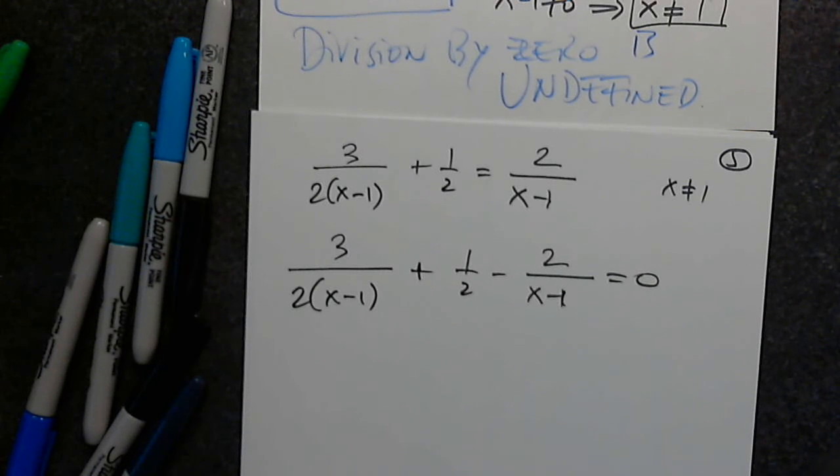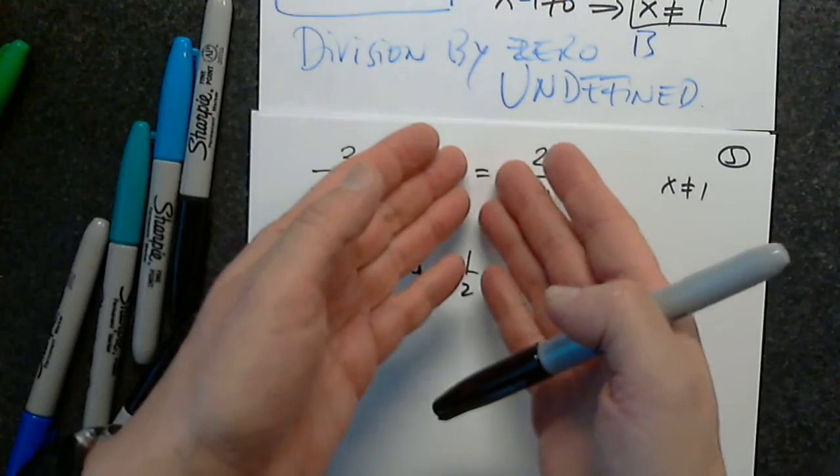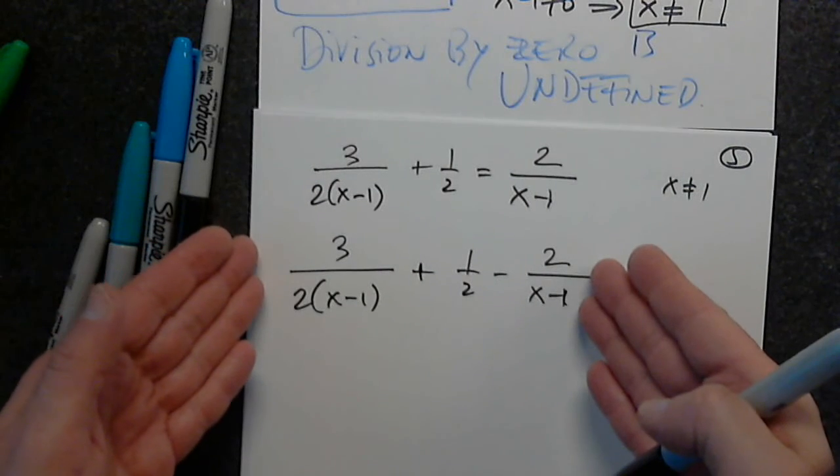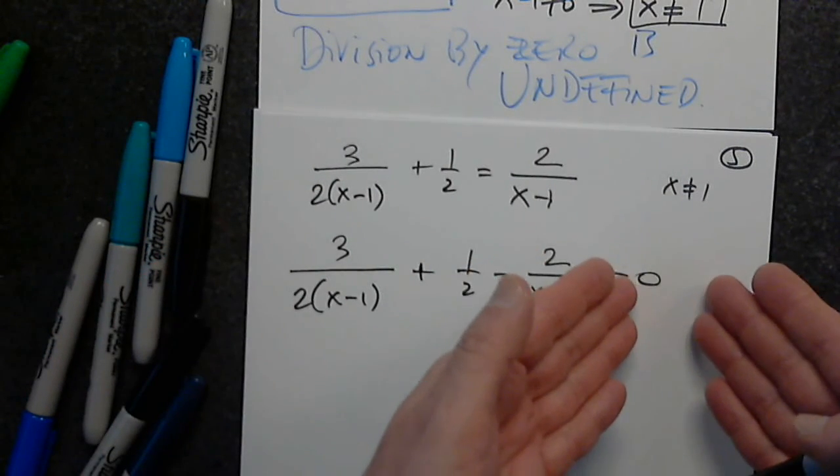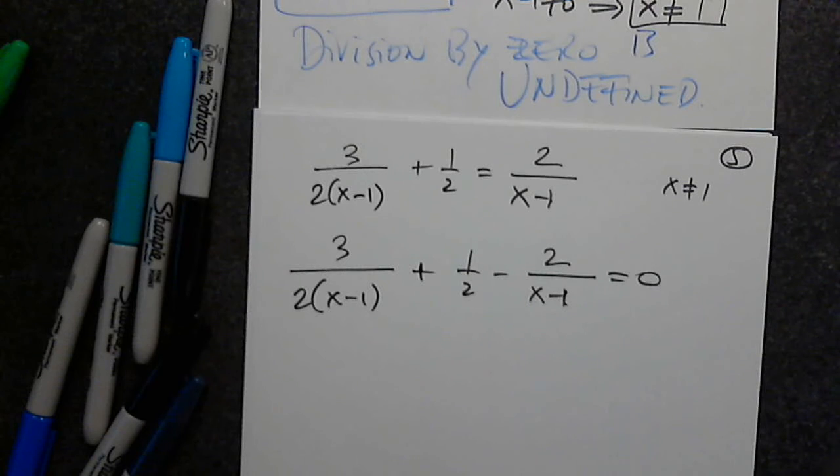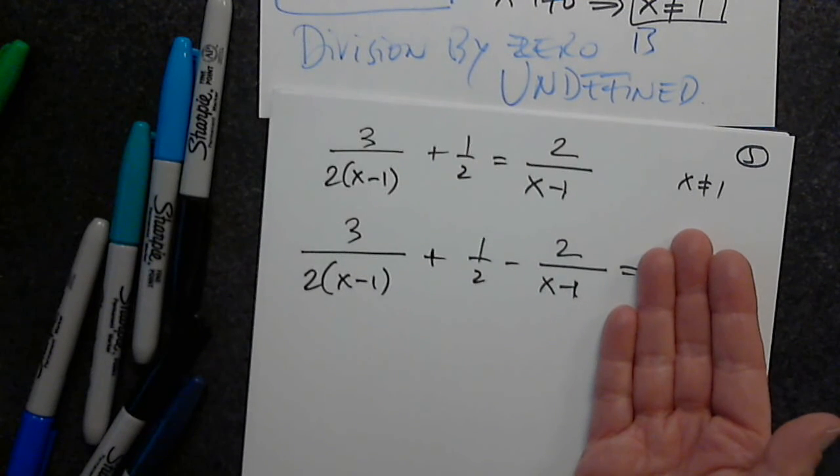Does it make sense? If you need to write that down, please do. All equations have 3 pieces: the left-hand side, the equal symbol, and the right-hand side. I'm asked to solve. If I drop this, I'll continue simplifying, but I'll never solve.